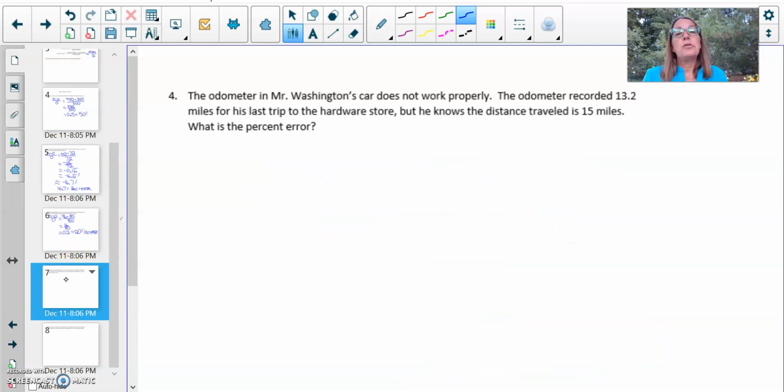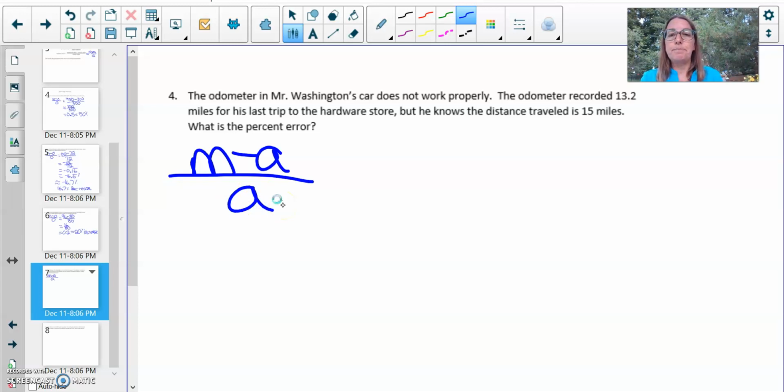The odometer in Mr. Washington's car does not work properly. The odometer measured 13 and 2/10 miles for his last trip to the hardware store, but he knows the distance traveled is actually 15 miles. What is his percent error? So now I'm looking at measured minus actual divided by the actual.